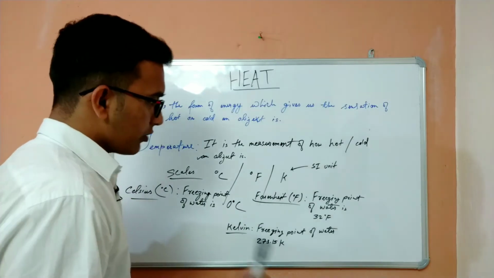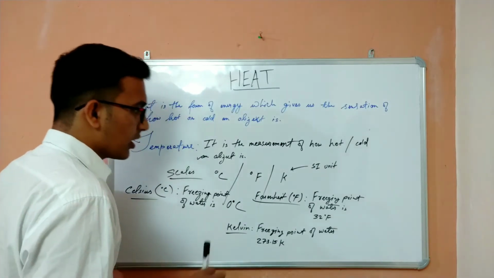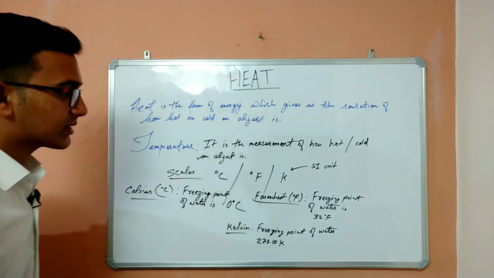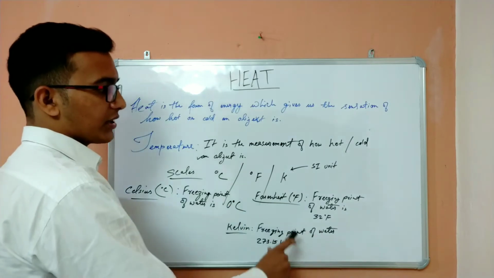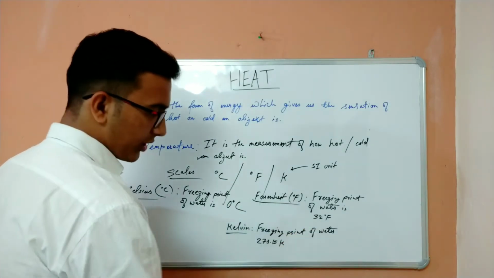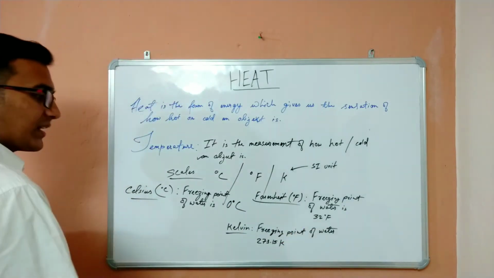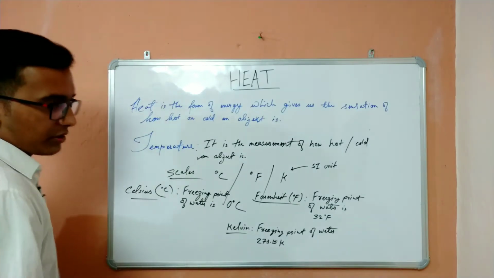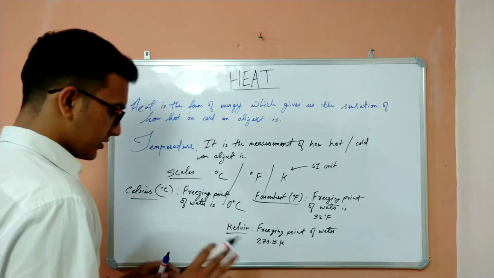So now you saw the basic differences: the freezing point of water is 0 degree Celsius, 32 degree Fahrenheit, and 273.15 Kelvin. You don't need to remember that 0.15, but still it's fine.